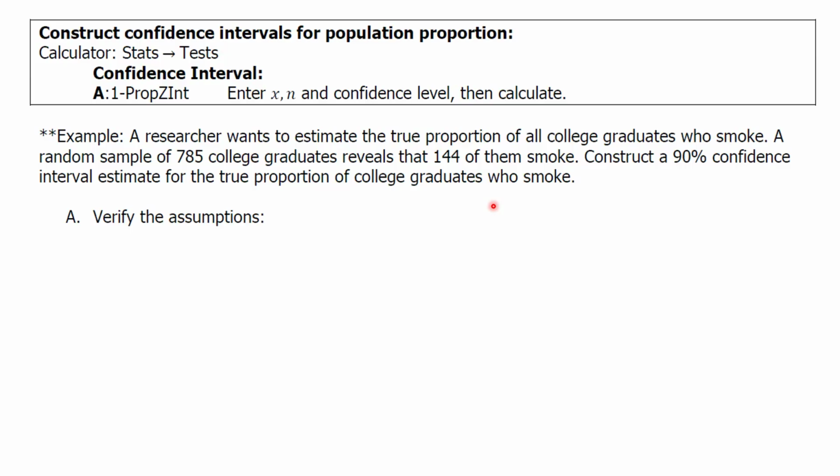And remember, previously in our notes here, we stated that we needed to assume that one, the sample size is no more than 5% of the population size, that n times p times 1 minus p is greater than or equal to 10, and our sample is taken from a random sampling. Well, our problem here says that there is a random sample.